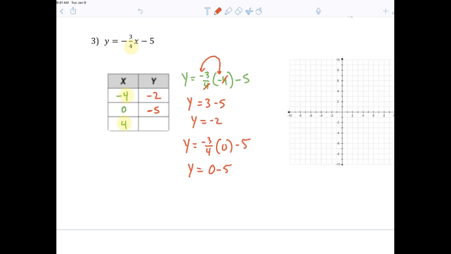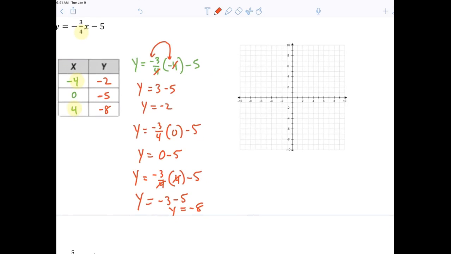All right, now to plug in 4 now. So it'd be y equals -3 fourths times 4 minus 5. Y equals the 4's cancel, so -3 minus 5. Y equals -8. And now we graph those points. -4, -2. 0, -5. 4, -8.